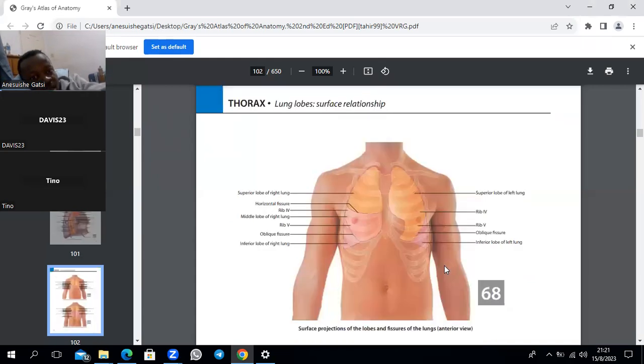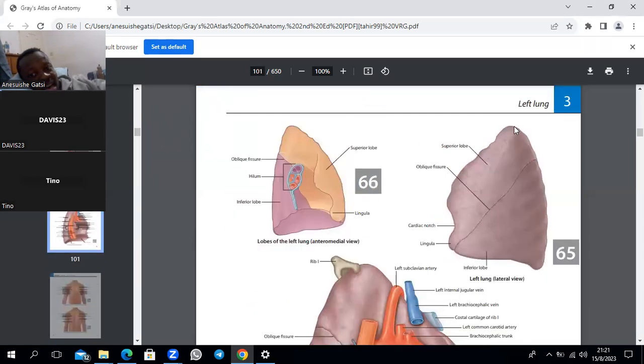So we want to start now on the lung. Your lung has the apex here. The apex projects into the root of the neck to a point 2.5 centimeters above the junction of the lateral third and the middle third of the clavicle. The apex can be implicated in things like Pancoast tumor.